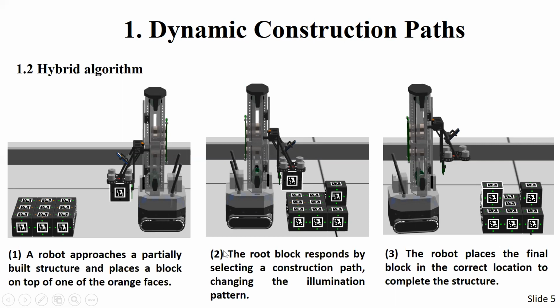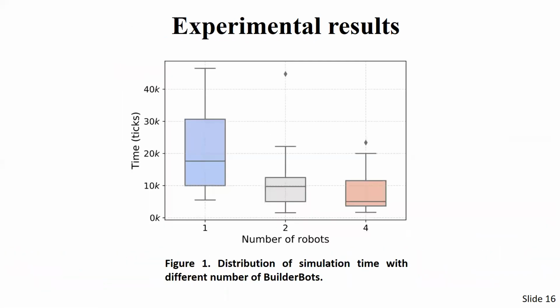In the second place, when a block is attached on one of the building sites, the structure is able to detect it and disable another construction path, and save the corresponding building site as yellow to guide the build-bot. So in this case, the build-bot could place the final block in the correct location to complete the structure.